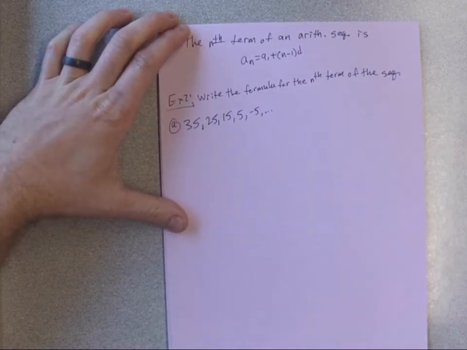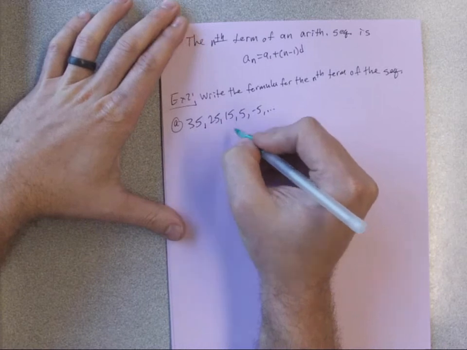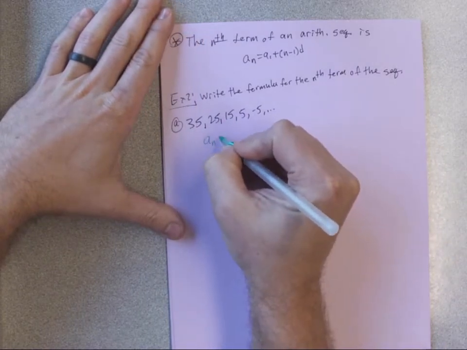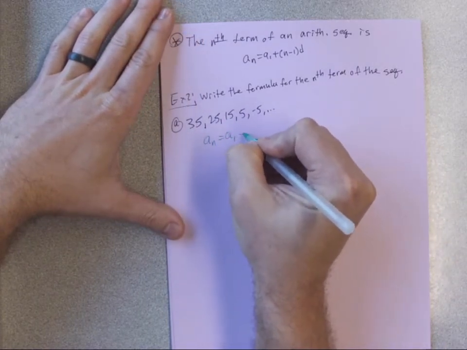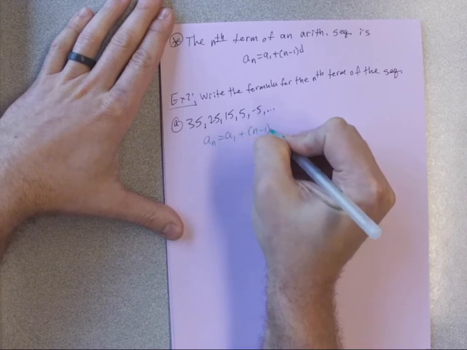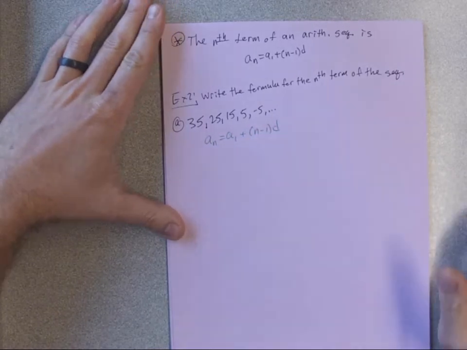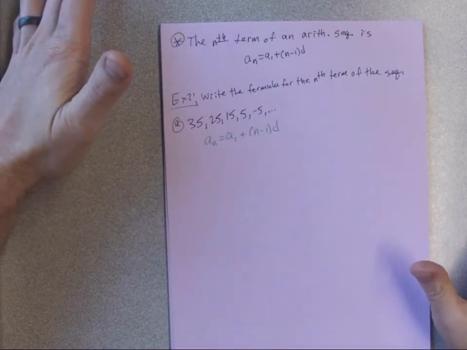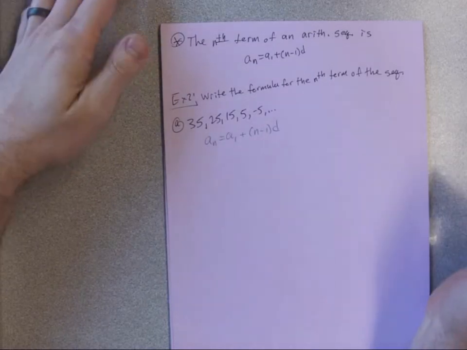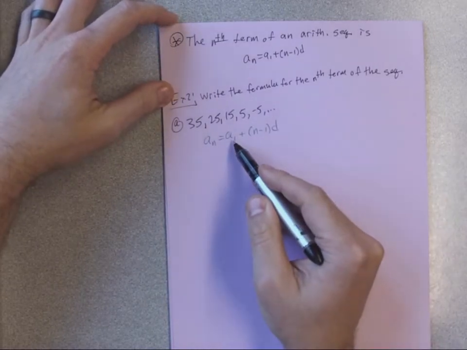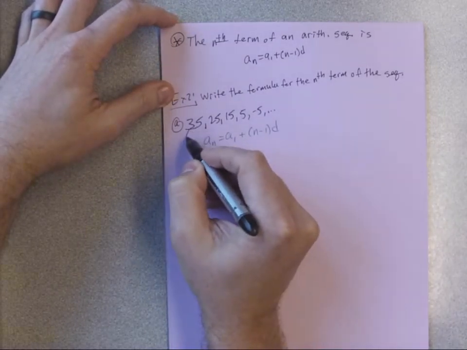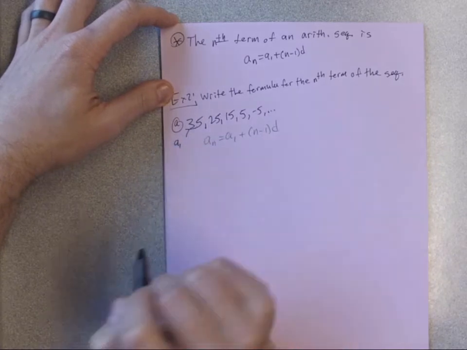First when you do these, it's always a great idea to write your formula first. an is equal to a1 plus n minus 1 times d. And then we need to determine what things we need to use, or what things we have. So do we have a1? Yes, it's this term here. That is a1.